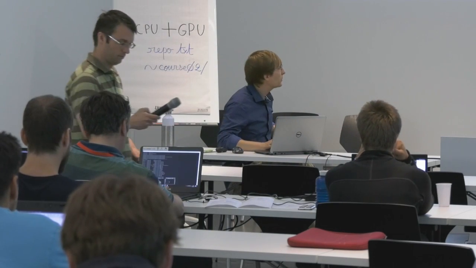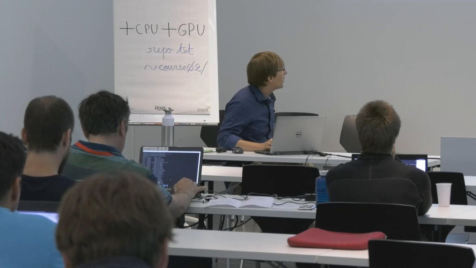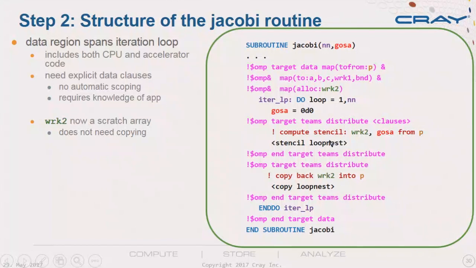So if you do the same twice, it does not give an error? No. Even it would not be the same. Here we had work 2 copy from GPU, right? We wanted to copy out the temporary results of work 2. Here we change to allocate, just to allocate work 2, since we do not need to copy anything back, since we already handle it here in the second kernel. So we change already the data scoping.